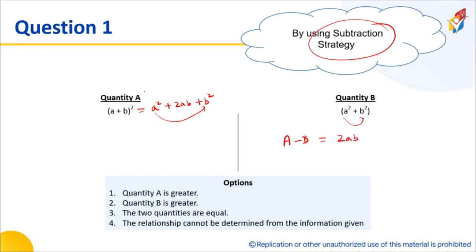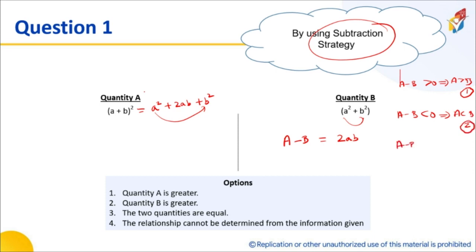Is this term 2AB positive or negative? That's the next question to ask. Why is it so important? If A minus B is greater than 0, I can directly say A is greater than B, that is option 1. If A minus B is less than 0, that will tell me that A is less than B, or B is the greater one. I can go with option 2.